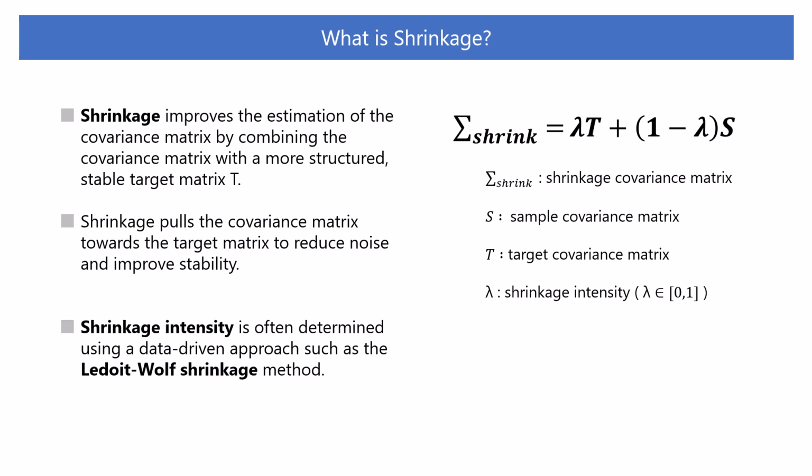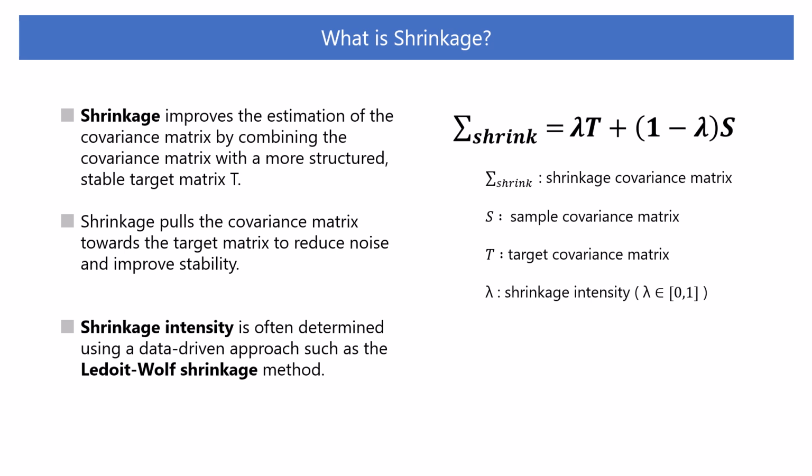Here, sigma shrink represents the shrinkage covariance matrix, also called shrinkage estimator. Large S is the sample covariance matrix, which reflects the data structure but may be noisy. T is a target covariance matrix, which introduces structure and stability.